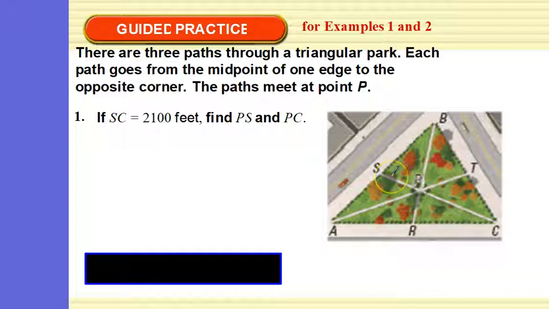Wouldn't that be 700? Yes? So we would have 700 versus, double that, 1,400, and they add up to 2,100. So what is PS? PS is 700, and PC, 1,400.